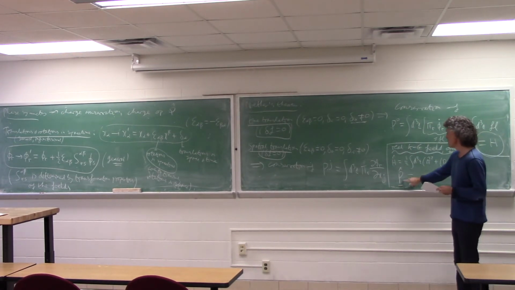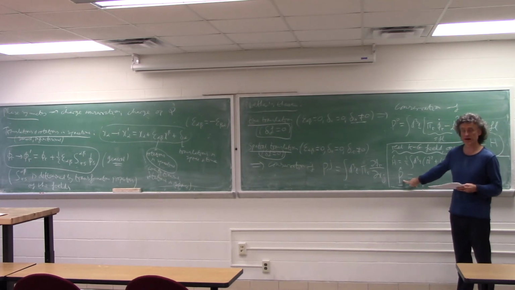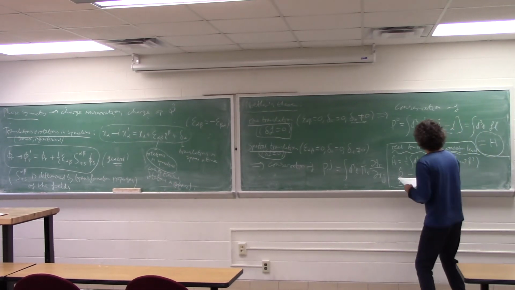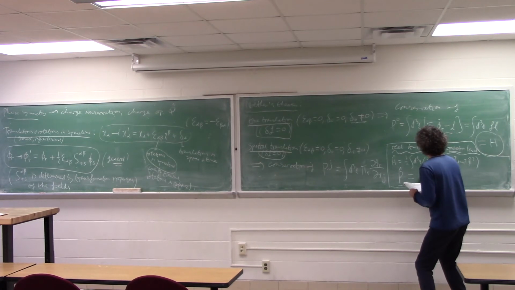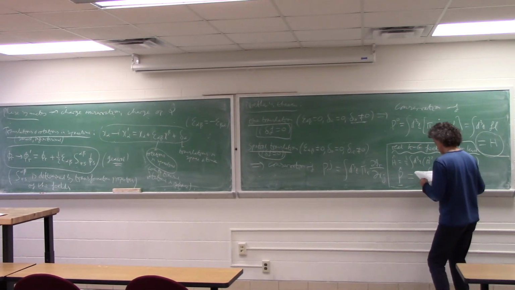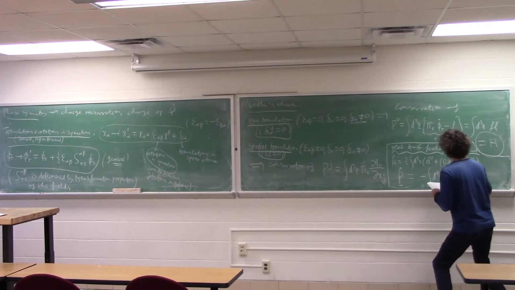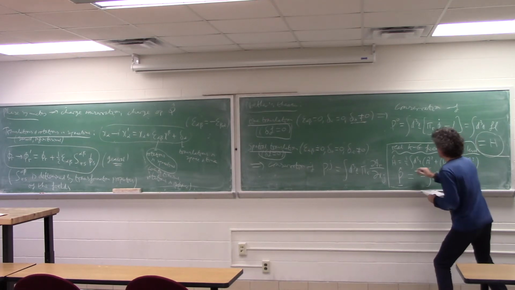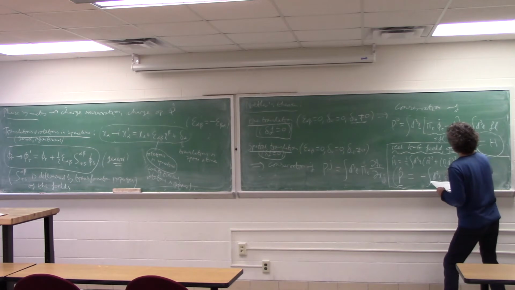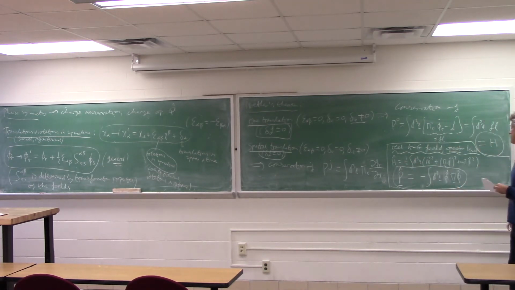The vector momentum operator for the real Klein-Gordon field is equal to minus the integral over all space of phi hat dot grad phi hat. So that's a new result I don't think we've looked at before.